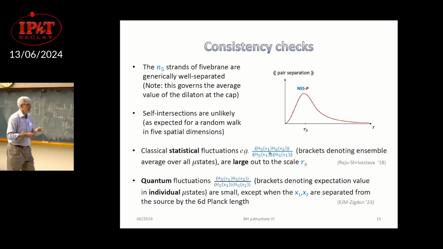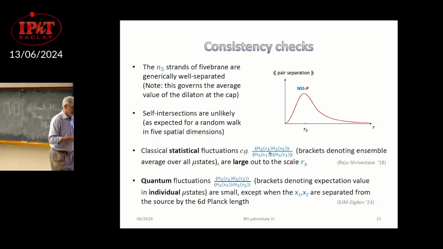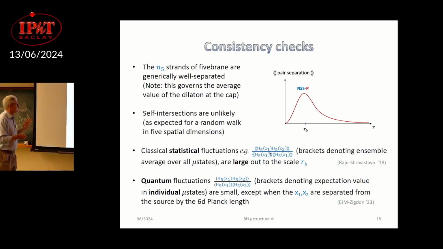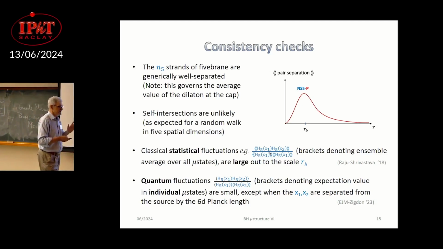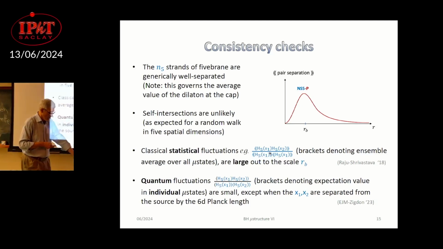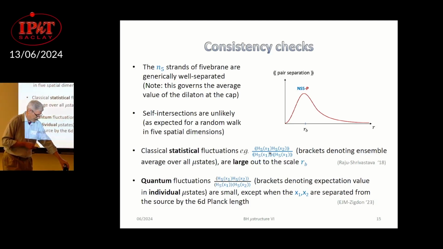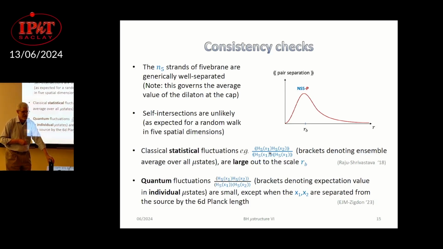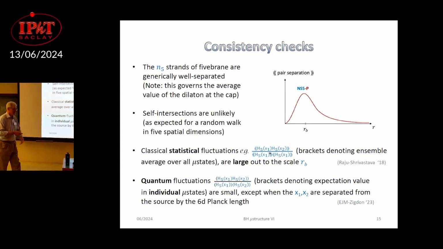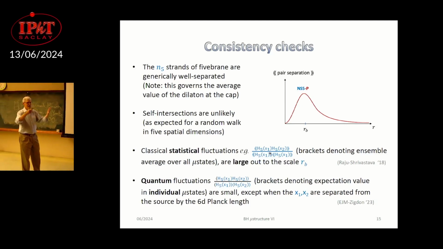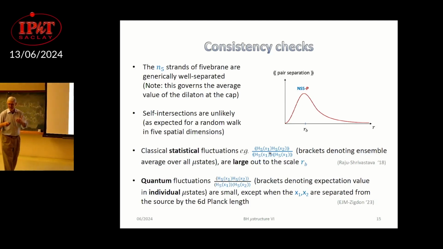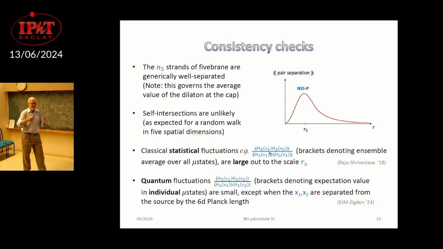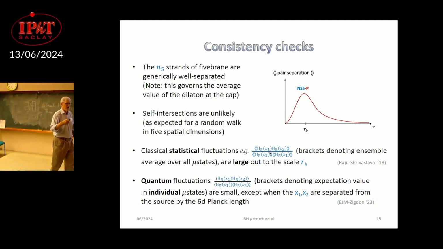Okay? And the answer, if you think about it a little bit, is pretty clear: what you're seeing are statistical fluctuations. Because if I take my water bottle and I put it here, and then I superpose it with another solution where it's over here, and another one where it's over here, then it might look like the fluctuations of my water bottle are enormous. But obviously that's because I looked at something which was big and heavy, and I tried to make a quantum superposition of that.